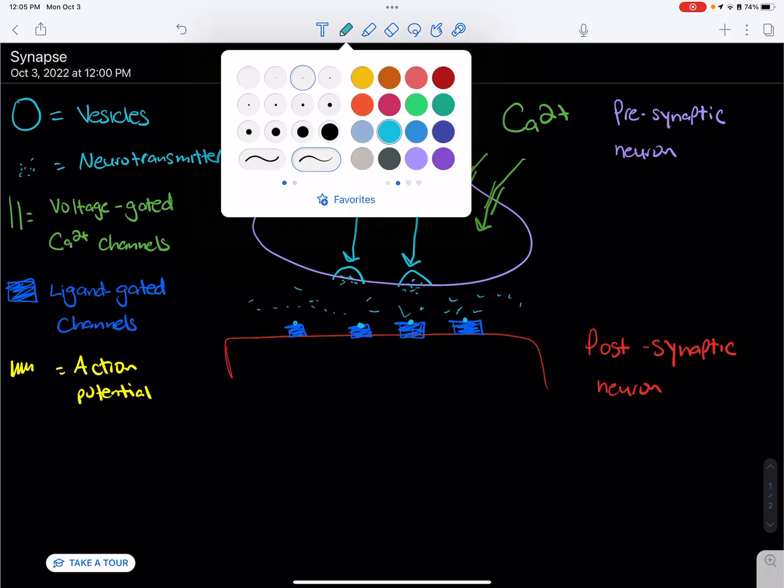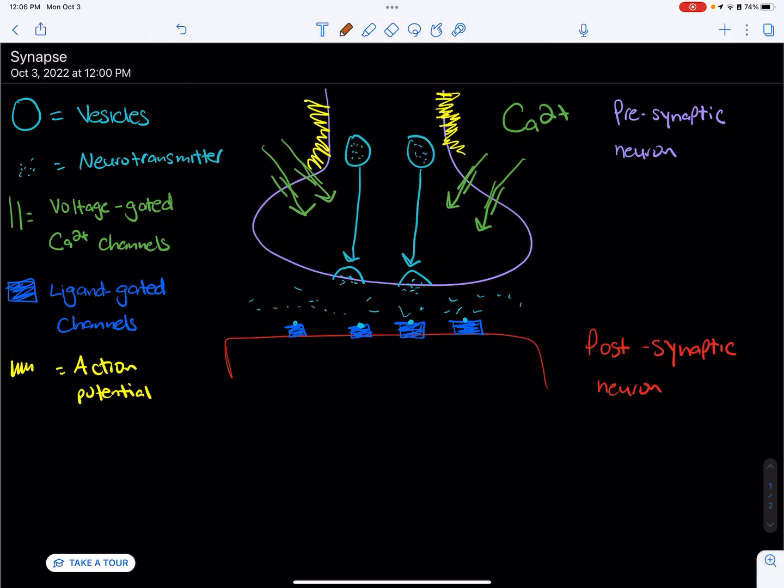So if we go through this in order, step one, which is right here: action potential goes down the axon. Step two is these gates open, so voltage-gated channels open.